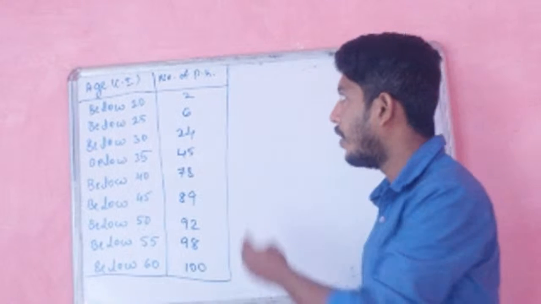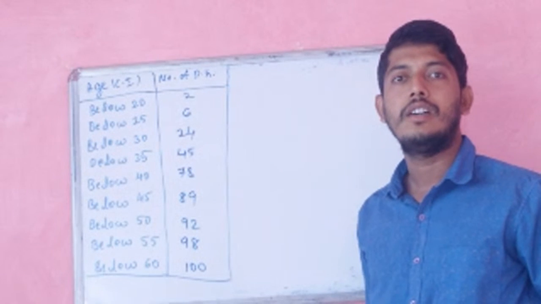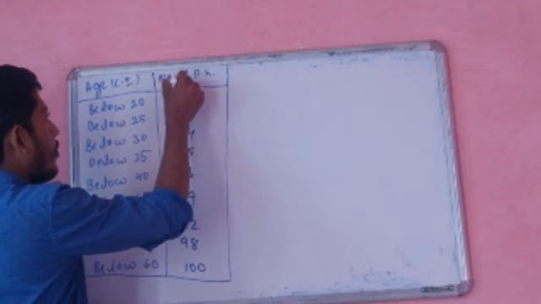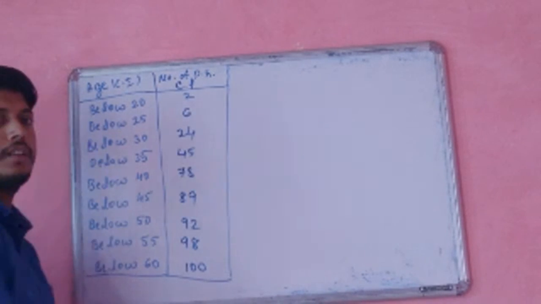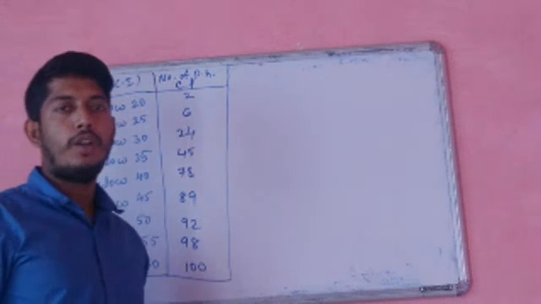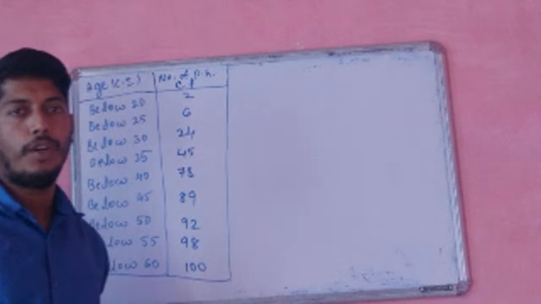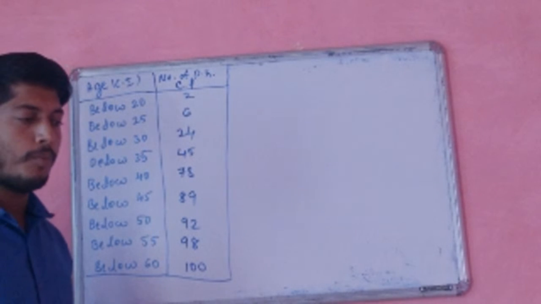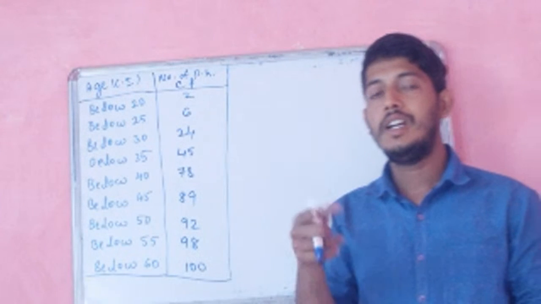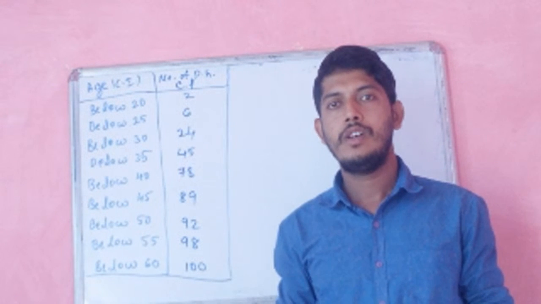Then the given values are called the cumulative frequency. So this is the cumulative frequency value. Okay, directly we got the cumulative frequency value, no need to calculate or add it. But in the formula, we have median equals L plus N by 2 minus Fc divided by Fm into H.